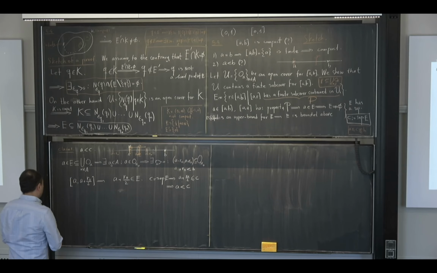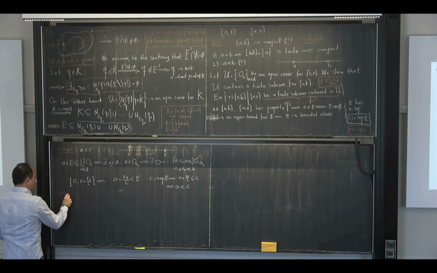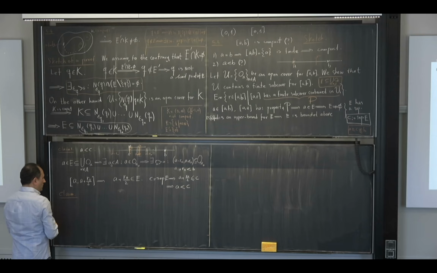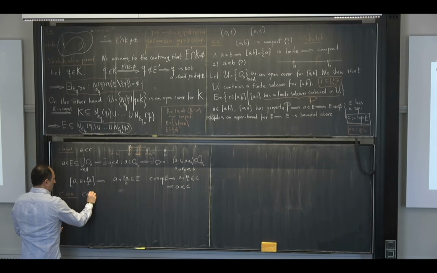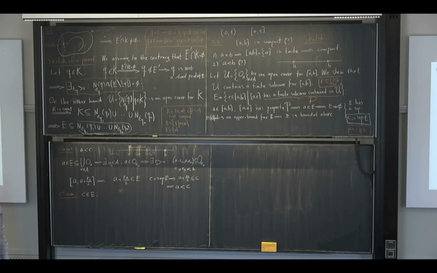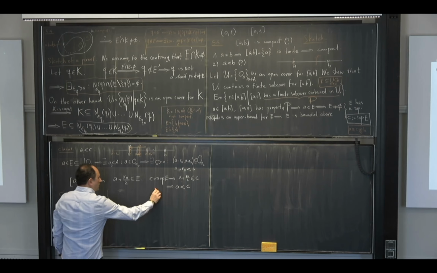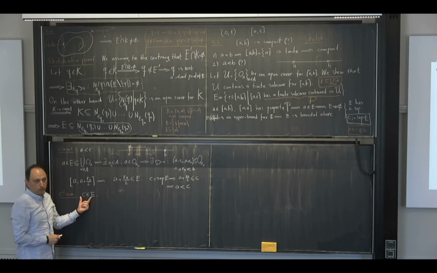The second one, the claim is that C belongs to E. I want to show the supremum actually belongs to E. Okay? So, to understand what is going on, I have to prove two things to grant this. What are those things? Just say it.